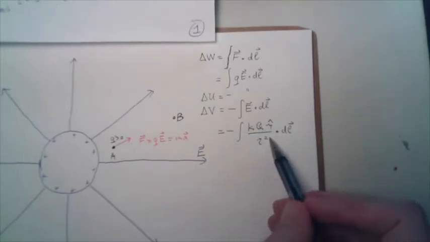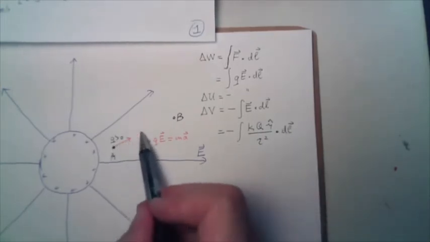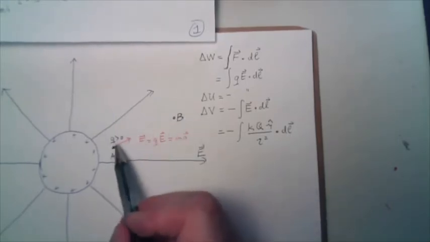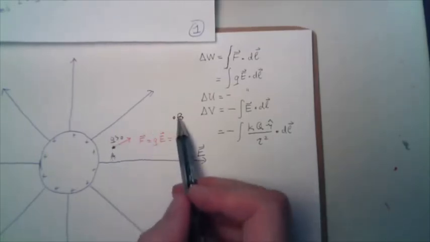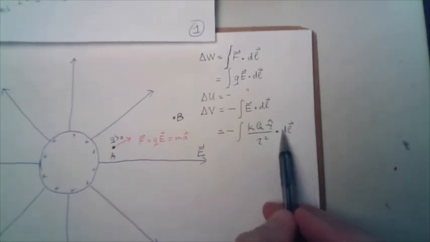Okay, so that's our basic integral. The path here, the dl vector, is going to be in the direction in which the force is pointing, because we're just letting it go and ride by itself. Therefore, that path, this r vector, is in the same direction as the dl vector.